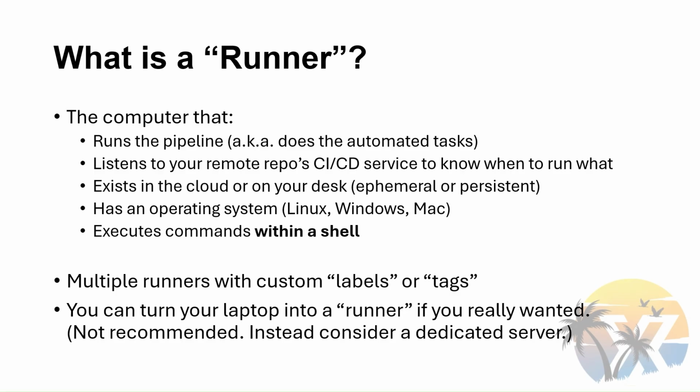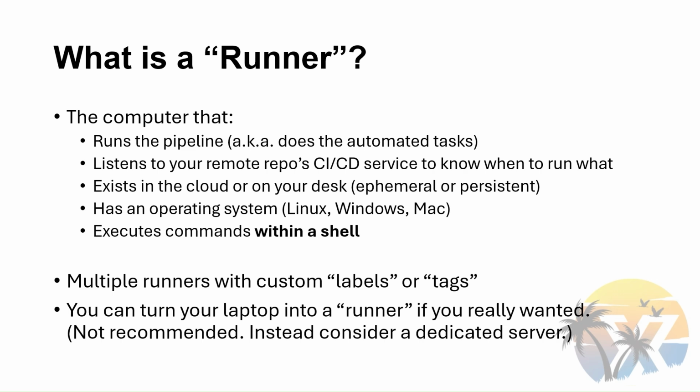The runner could exist in the cloud or on your desk, and it could be ephemeral or persistent, meaning it could be a computer that literally sits on your desk and is your personal computer, and it's a persistent computer. It's like a persistent server. It's a computer that's going to exist after the task is done.